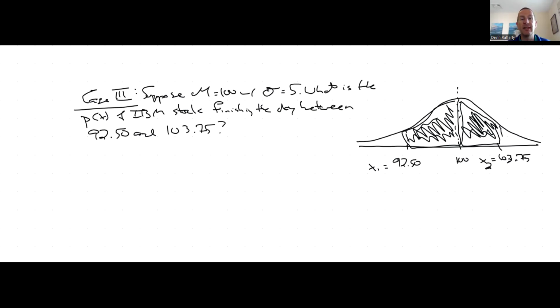So having said that, we can add areas. We can't add z-scores. First thing we're going to do, we're going to convert x1 into a z-score, and we're going to convert x2 into a z-score. Once we get those z-scores, I'll write them down here: z1 equals, and z2 equals. We already know that 100, the mean, always gets converted to 0.